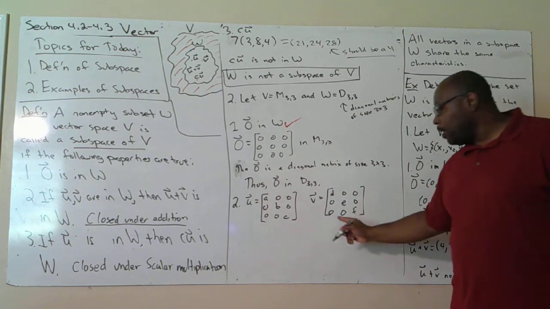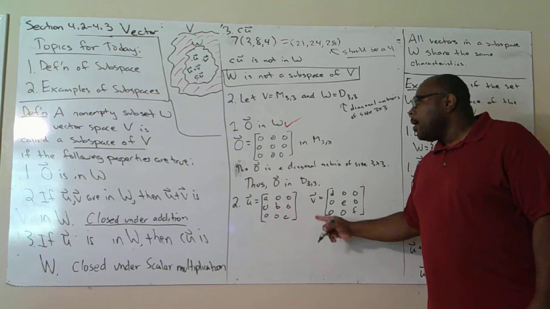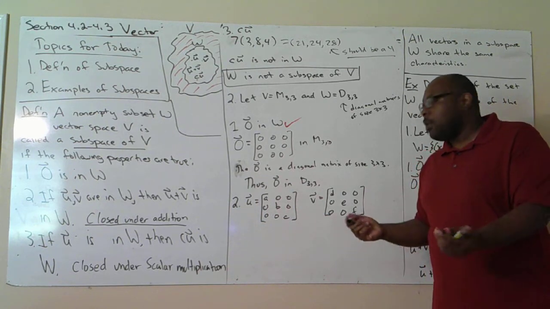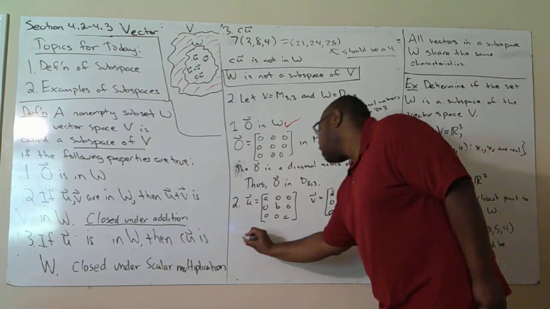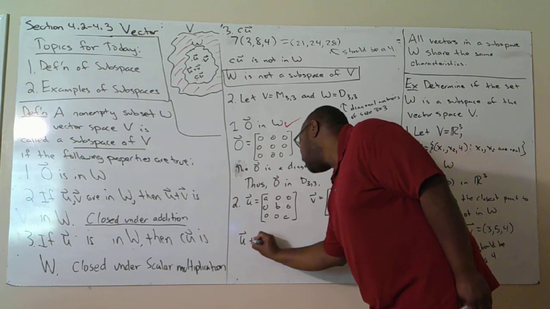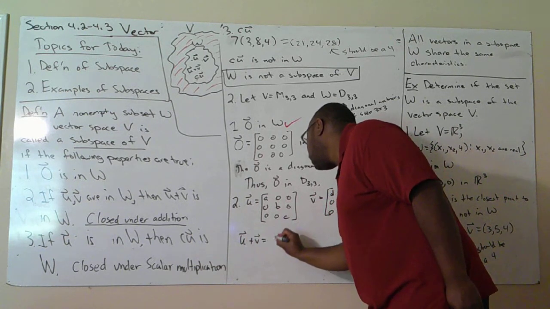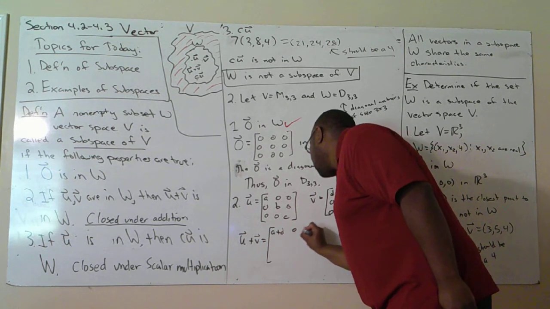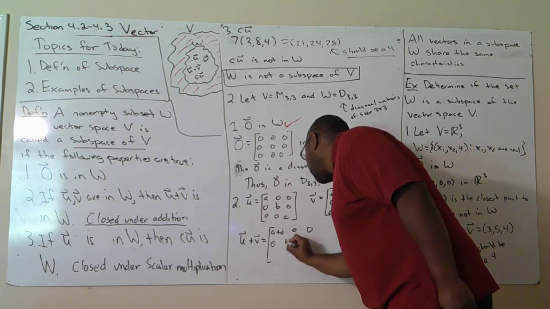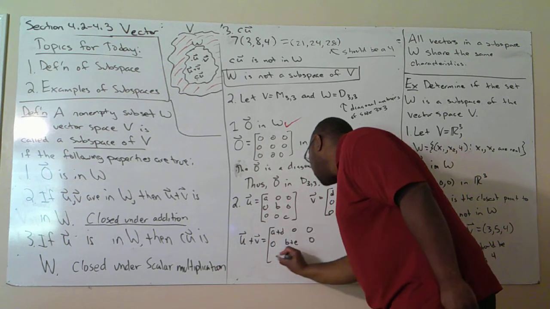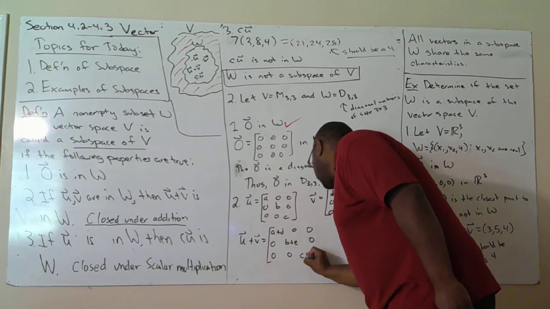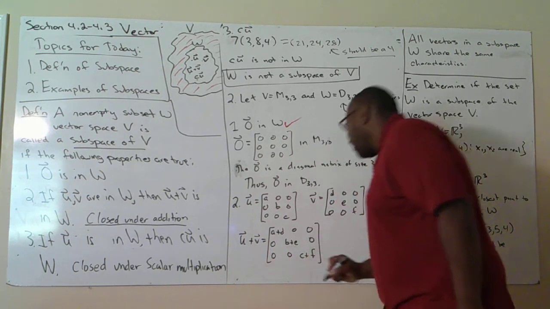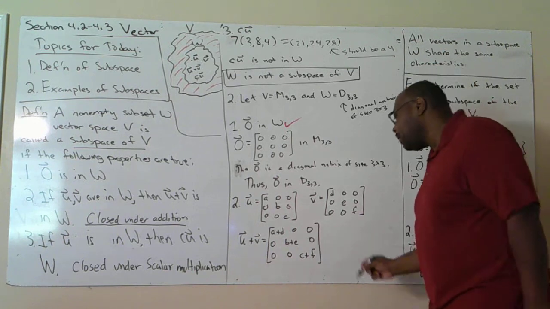If U and V are both diagonal matrices, then if I add them together, do I end up with a diagonal matrix? So let's do that. U plus V is equal to A plus D, 0, 0, 0, B plus E, 0, 0, 0, C plus F. And lo and behold, this is a diagonal matrix.